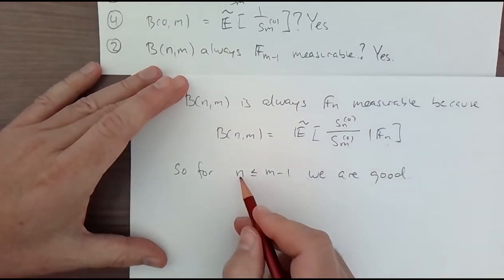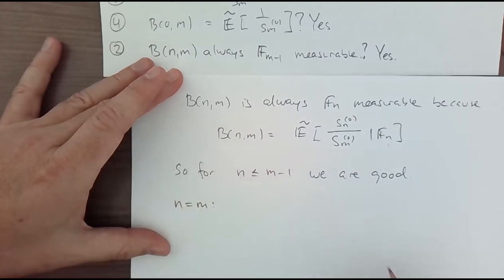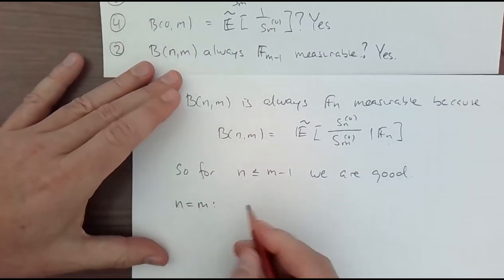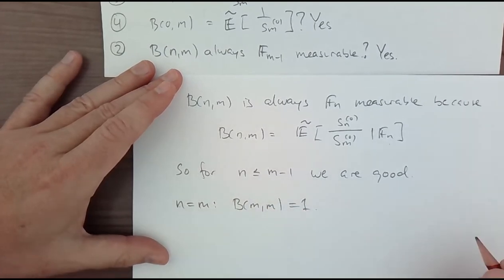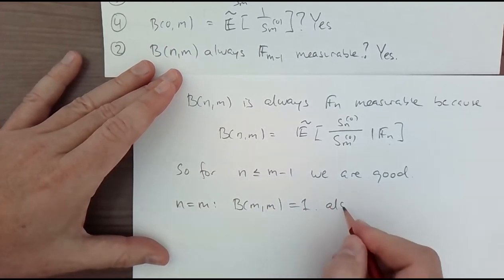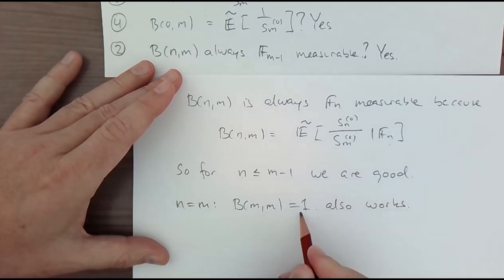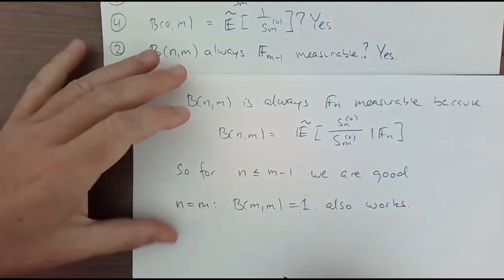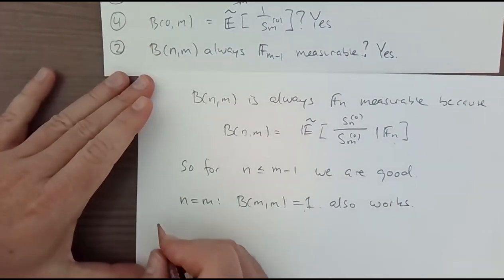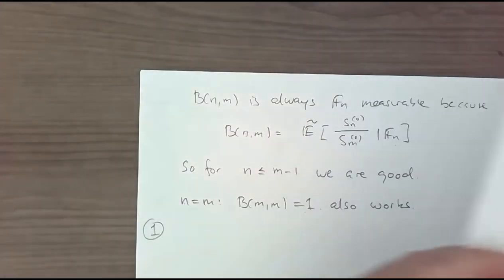So the only one that remains is what happens when n is equal to m. When n is equal to m, I'll have that BMM is equal to 1. And that also works, because it's a constant. And then the last one is probably the most plausible one.